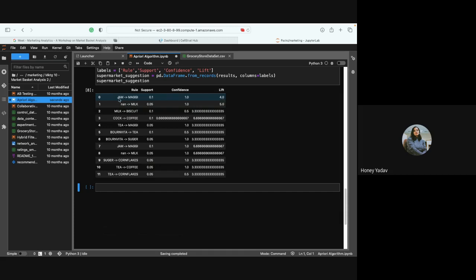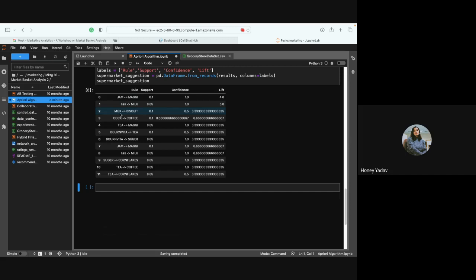So that means a customer who will buy jam will definitely go for a Maggie. This is something that one cannot predict randomly, that a person who is going to buy jam will buy a Maggie. But this is what these rules and this analysis result will give insight into.